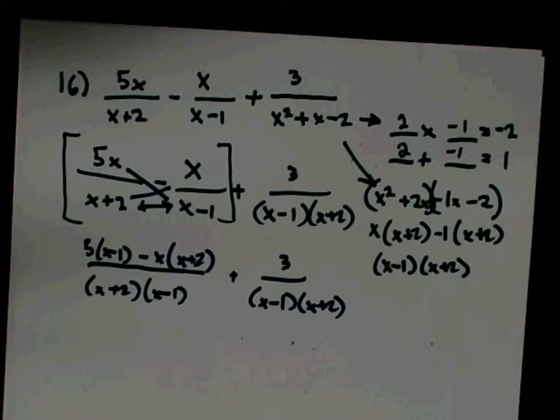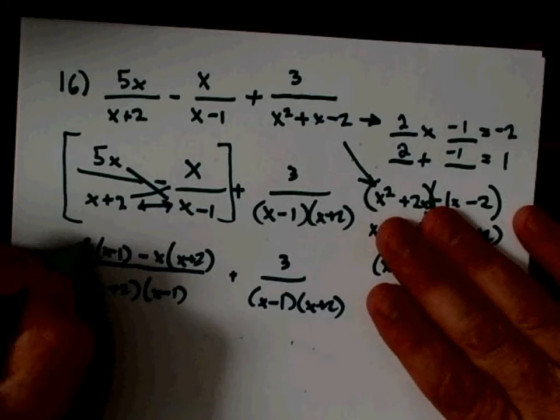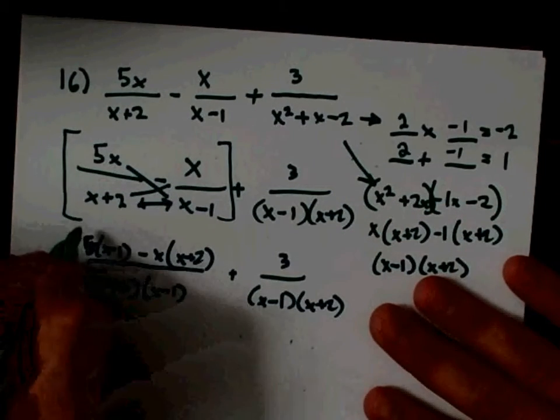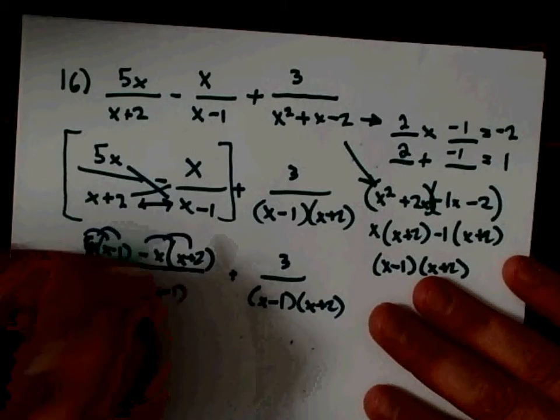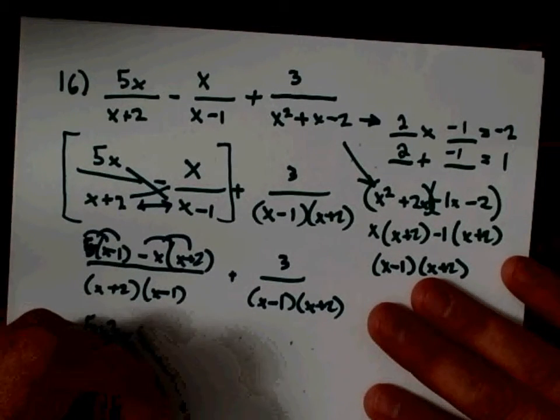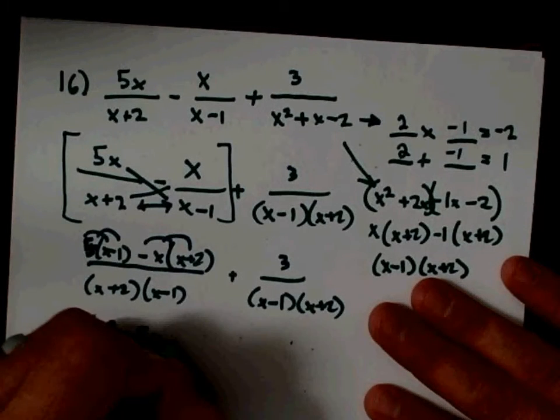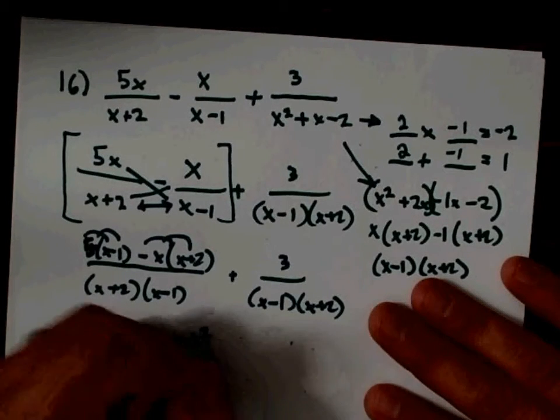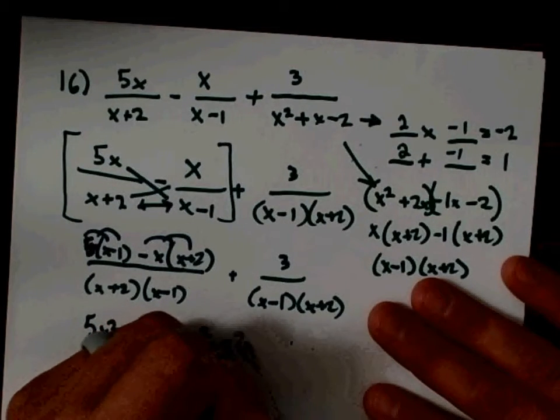But this is staying consistent with the way that we've done it. Is that 5x? Sorry, 5x. So we're going to distribute, and this is going to be 5x squared minus 5x minus x squared minus 2x.